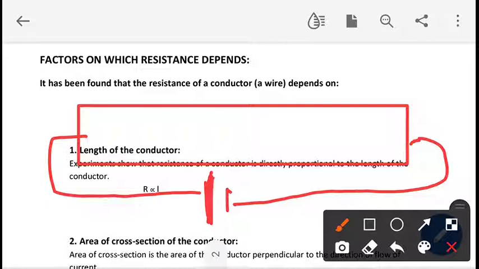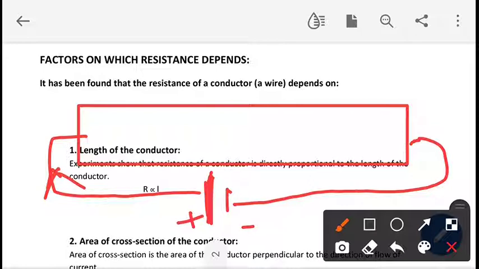This is the positive terminal, this one is the negative terminal. Current is flowing in this direction, and electrons flow opposite to the current direction. This I have explained to you in the previous videos.